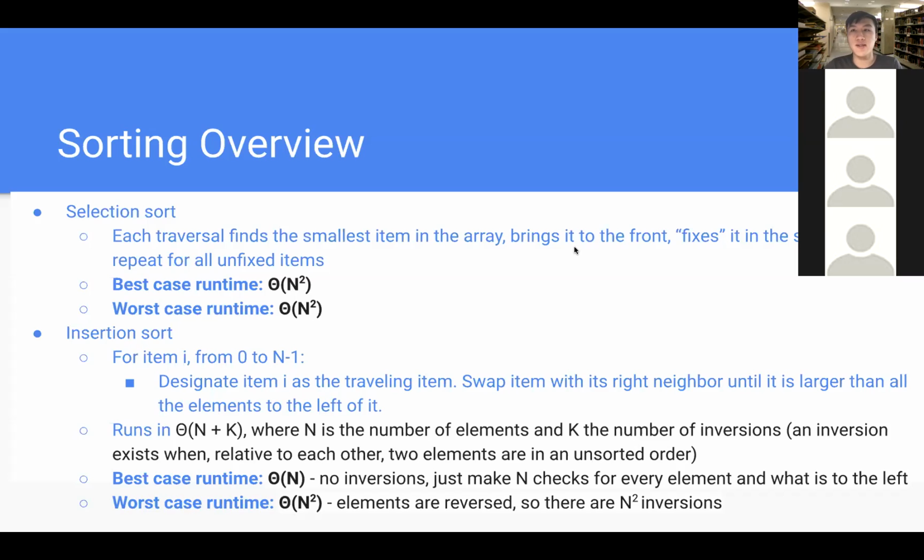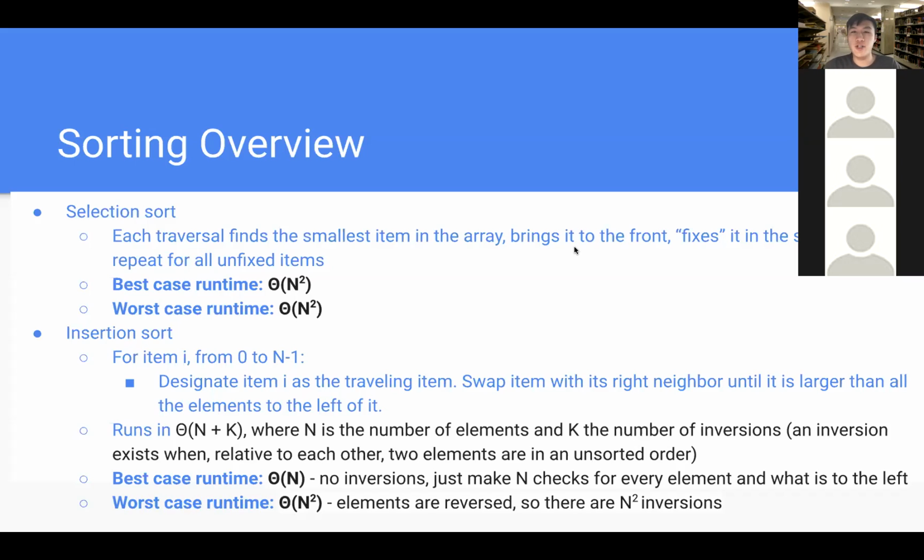And then the worst case is that the array is in reverse order. Then the first element is gonna be the largest element, so you have to swap it all the way to the farthest right side of the array, and that is n operations. For the next element, you have to do n minus 1 operations, and so it goes.